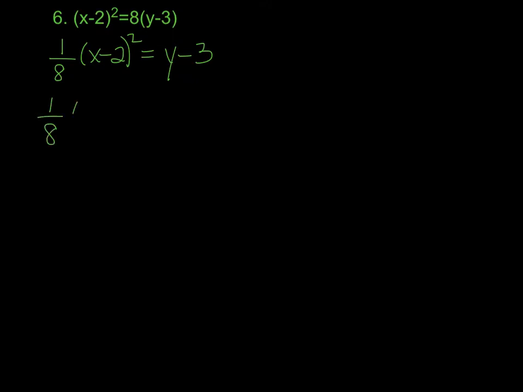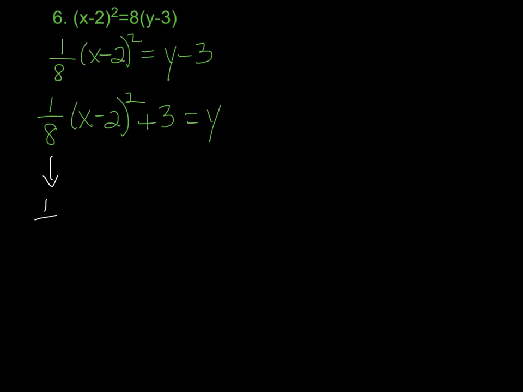So 1/8 x minus 2, that quantity squared, and I'm going to add 3. And that is going to give me my y value. Okay? Since the equation takes this form, then we know that we have a parabola that opens up. So when we look at this, we can see that this value right here represents 1 over 2p.